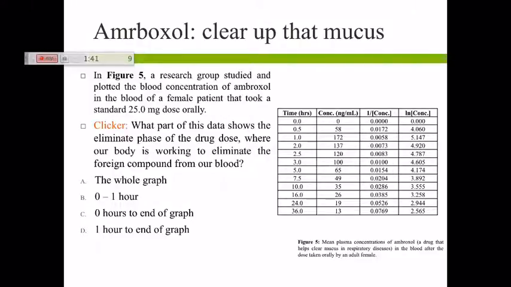Because 0 is when we're being... If you use the number from the 1 over concentration, and don't put it 1 over, divided by the number of hours that have passed.